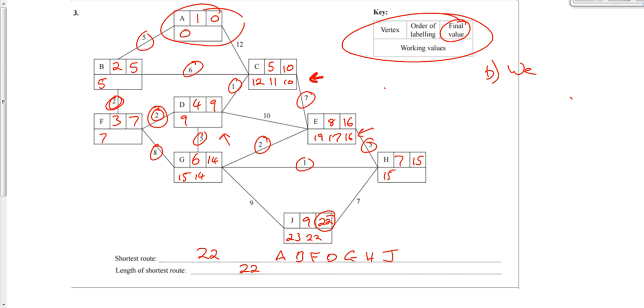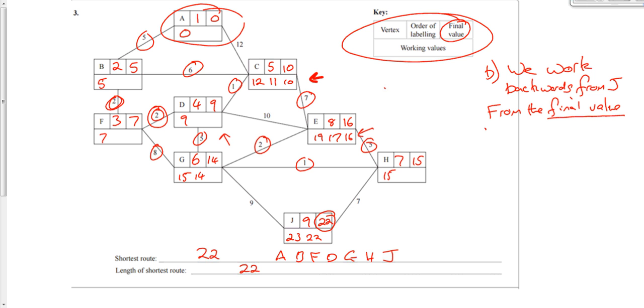So we work backwards, and by saying we work backwards, we get ourselves 1 mark anyway. We work backwards from J, and from the final value, and what they're looking for is you to use the word final value.